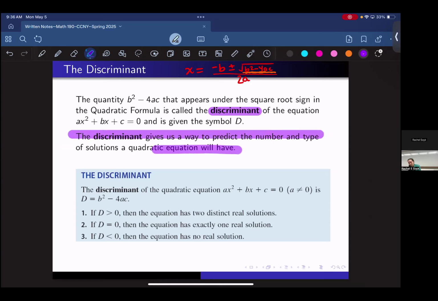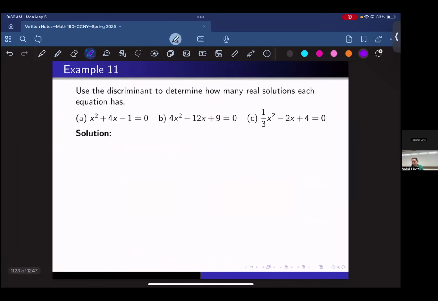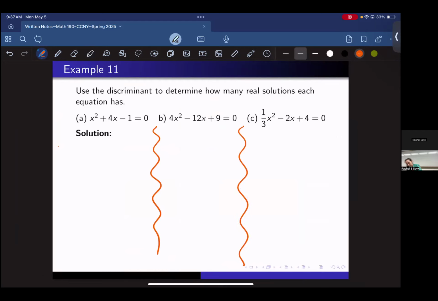We'll use a concrete example for our last example of today's lesson. There's 3 parts to it. So again, A is 1, B is 2, C is -1, discriminant b squared minus 4ac.